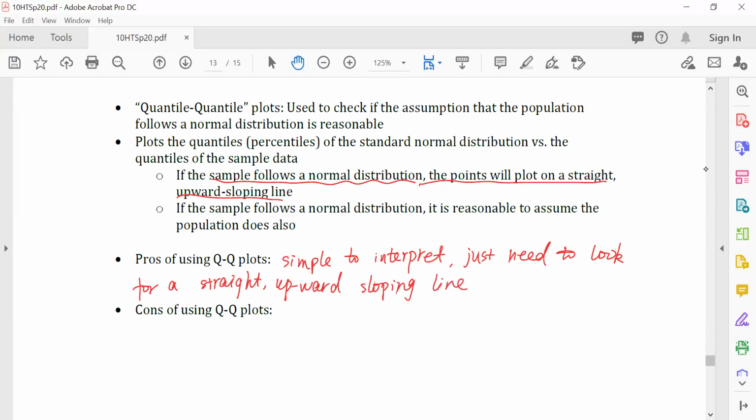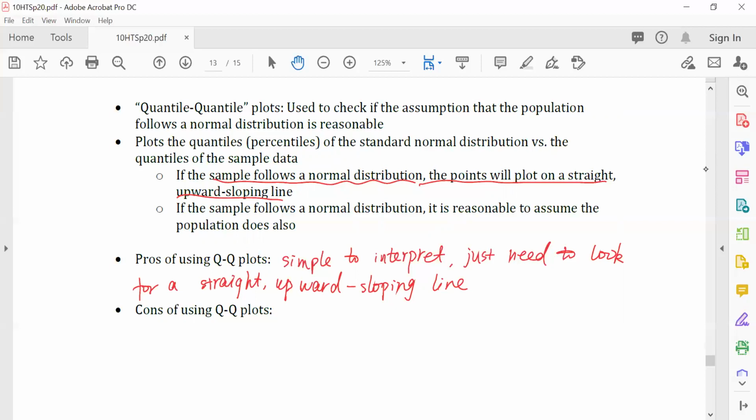There are also some disadvantages of this QQ plot. As we mentioned in the advantage, it's simple to interpret and easy, you just look for a line.